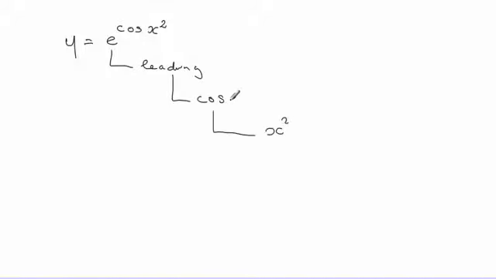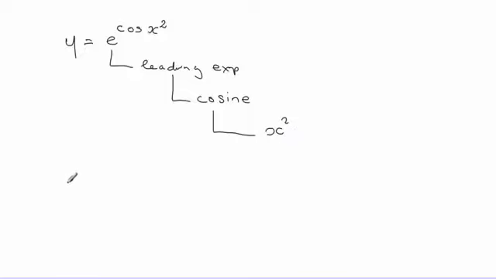Let's say we've got y is equal to e to the power cosine of x. So creating that hierarchy, I would say the exponential is the leading function. Actually, let me make it a bit more complicated. Say x squared here. Then cos is the argument of e, and x squared is the argument of cosine. So the leading function is the exponential function acting on cosine, and cosine acting on x squared.